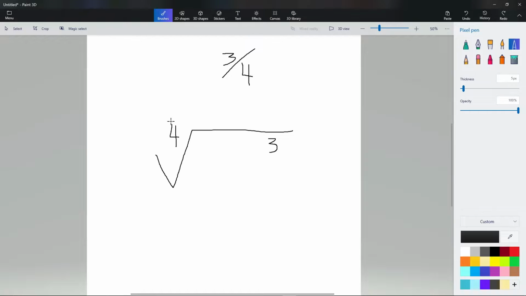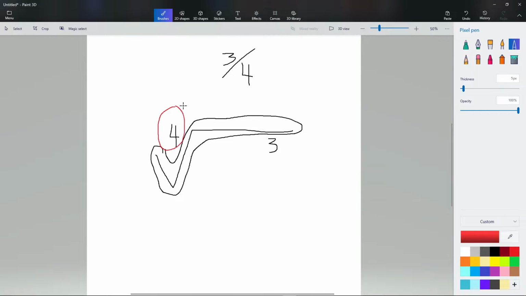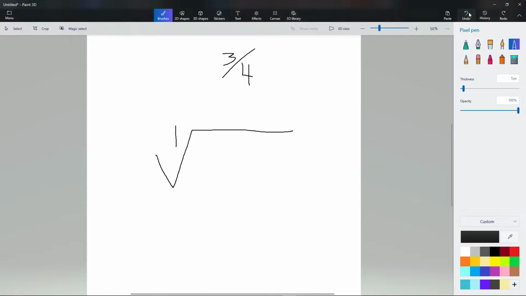This is the exponent, and this is the index of the radical. This is the radical right here. This is known as the index over here.